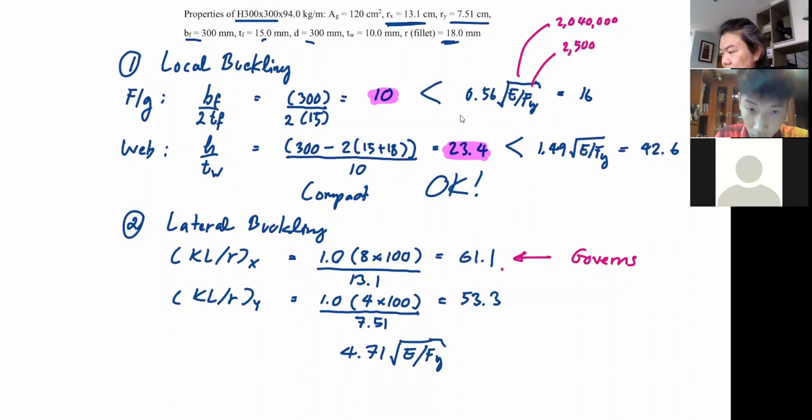I'm not going to keep writing this. E is the same, 2 million approximately, and Fy is 2,500 for SS 400 steel. And this is 135.